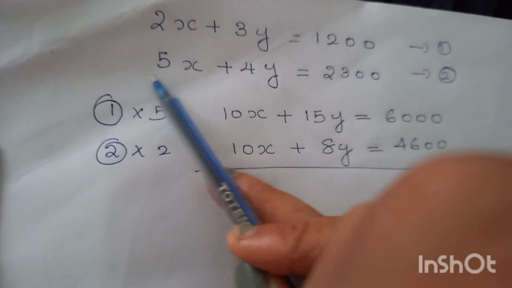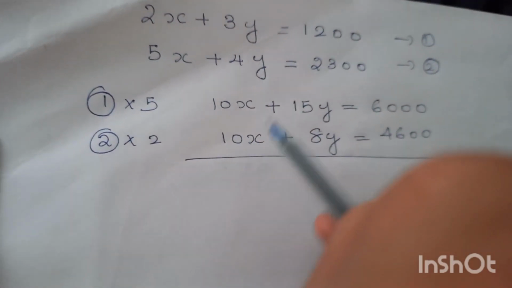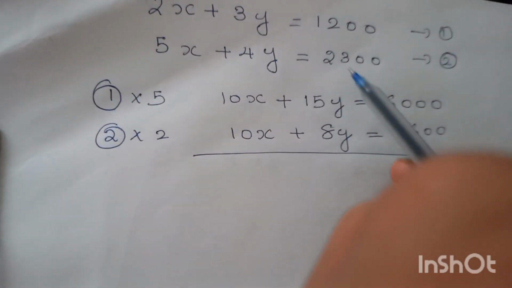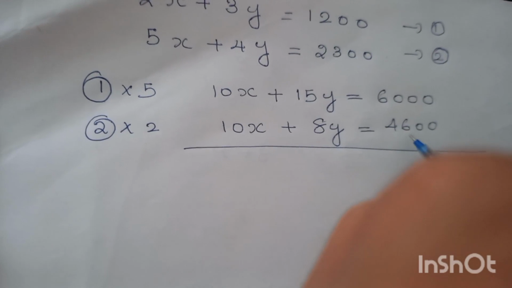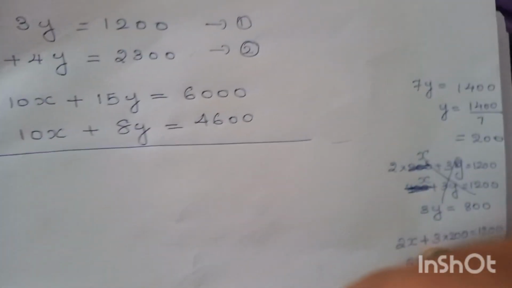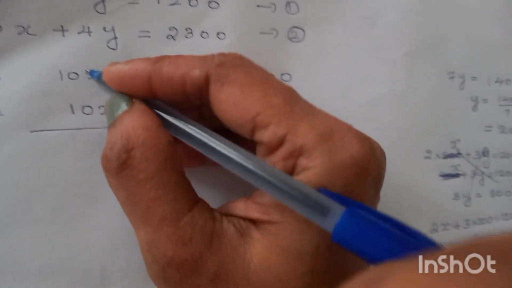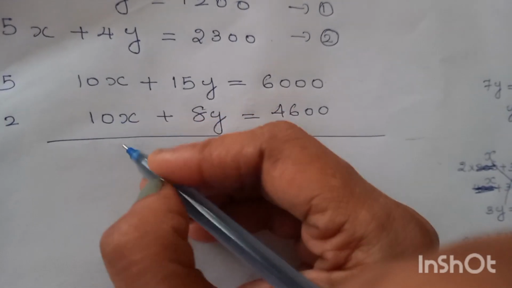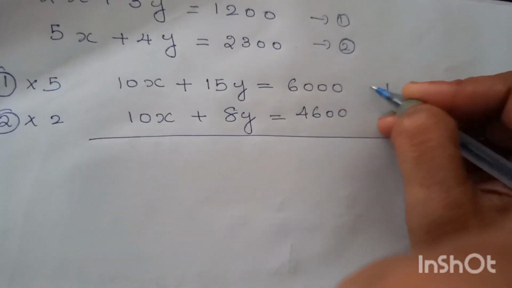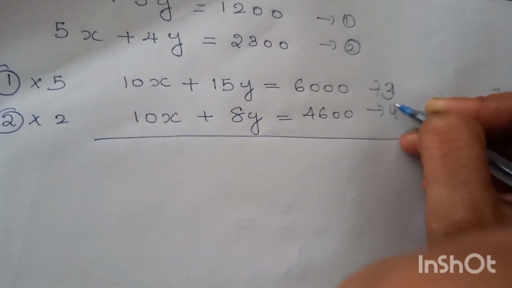Then the second equation is multiplied by 2. 2 into 5 is equal to 10X, 2 fours are 8Y, 2 into 23 is 46, so 4600 we get. This is equation number 3 and equation number 4.